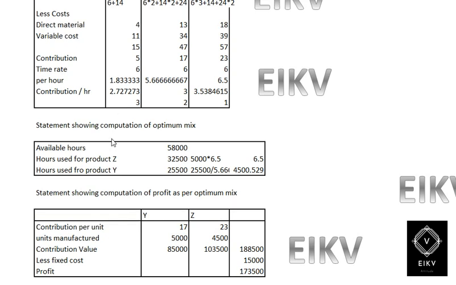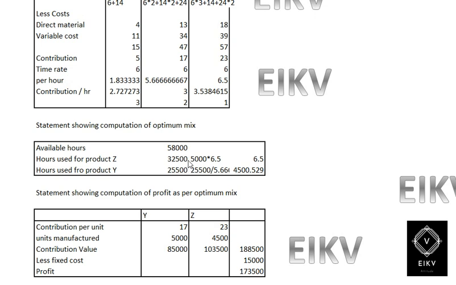So guys, over here we have available hours as 58,000, and the hours used for product C, where 5,000 units are required, will be 5,000 into 6.5, which gives 32,500 hours.